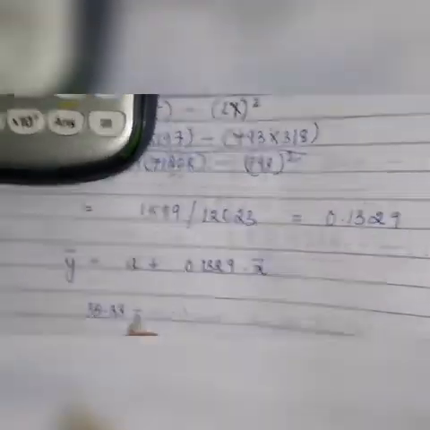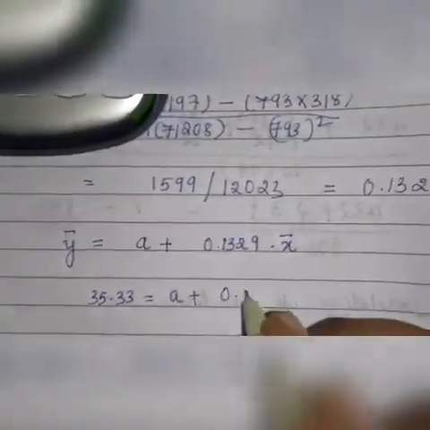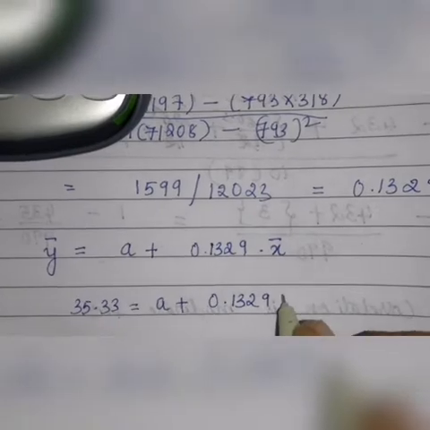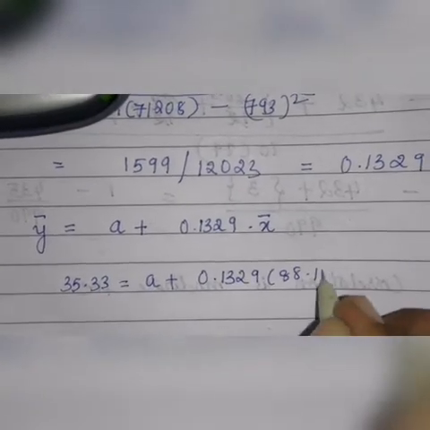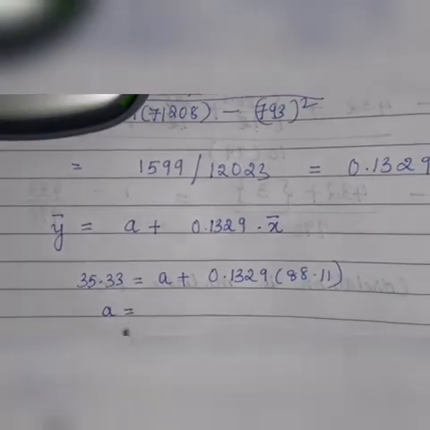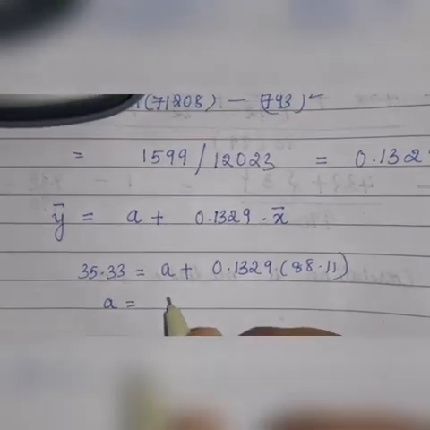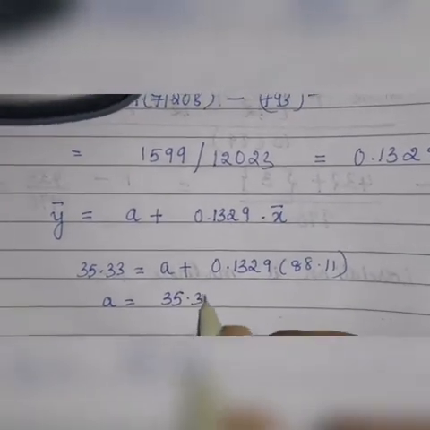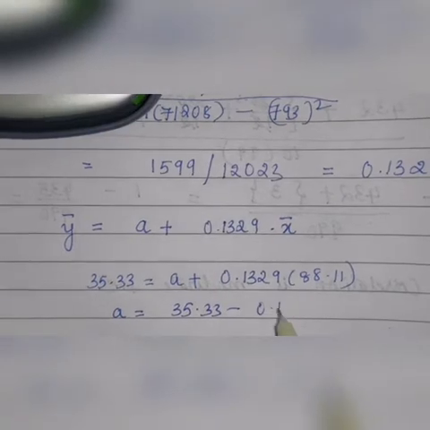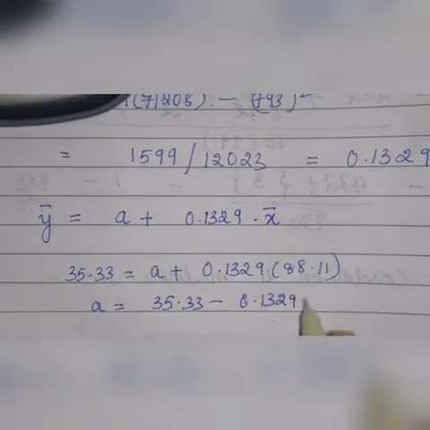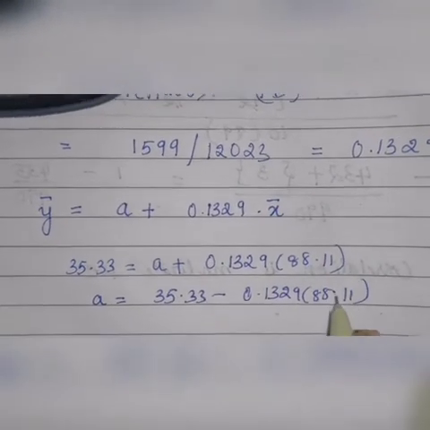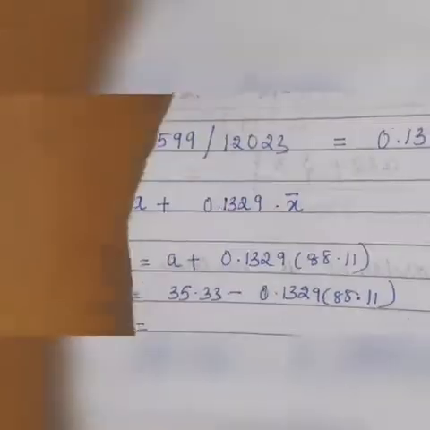So just substitute these values here, and you would get the value of a, the intercept. 35.33 is equal to a plus 0.1329 into 88.11. So a is equal to 35.33 minus 0.1329 into 88.11. Let us find the value here.